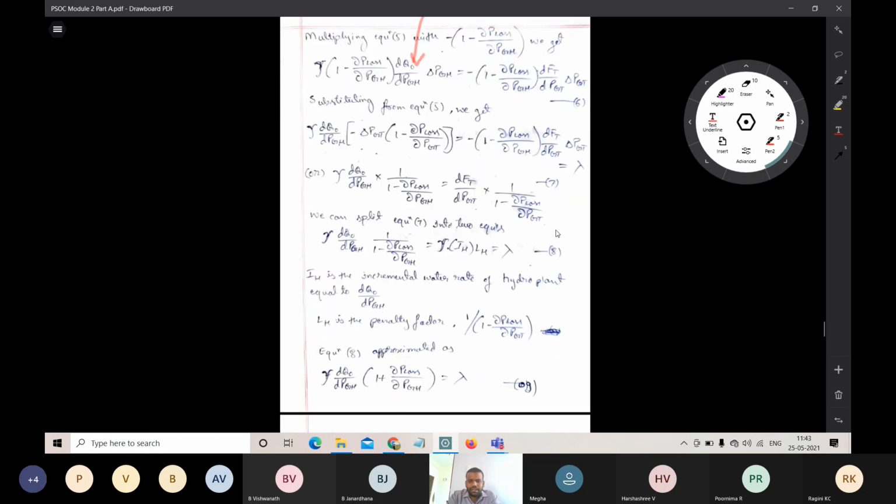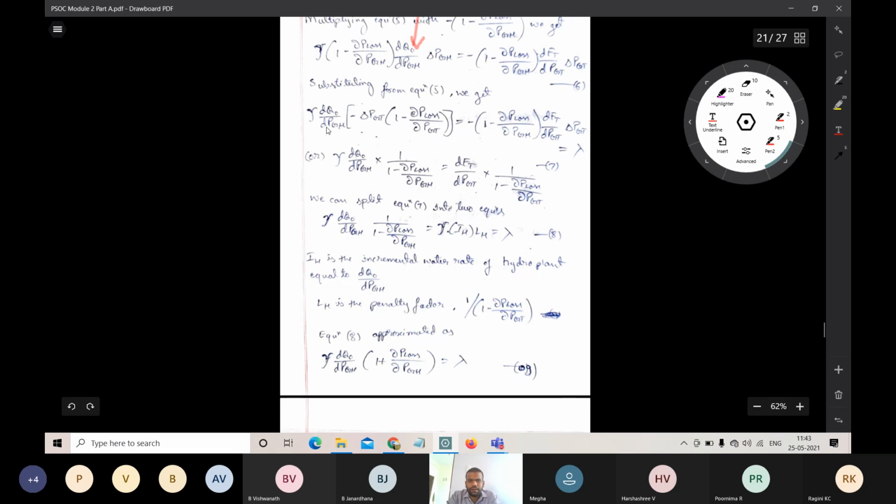Just resubstituting this equation: nu dQ naught, gamma dQ naught by dPgh multiplied by 1 minus dou P loss divided by dou Pgh. Here it cancels, that equals dFT, so delta Pgt and this delta Pgt cancel. So dFT by dPgt into 1 minus dou P loss by dou Pgt.